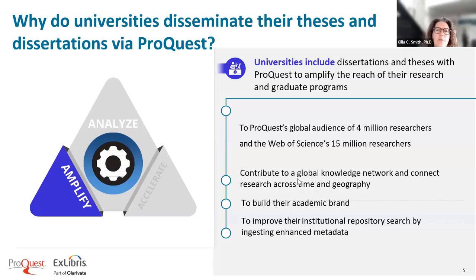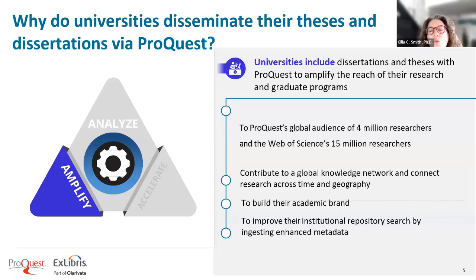Universities contribute or disseminate their theses and dissertations through ProQuest for a couple of important reasons. One of them is that we have a subscription database of over 4 million researchers at academic institutions worldwide. There are a smattering of public libraries and governmental institutions as well in our subscription database, but basically 99% of the subscription base is from academic universities.